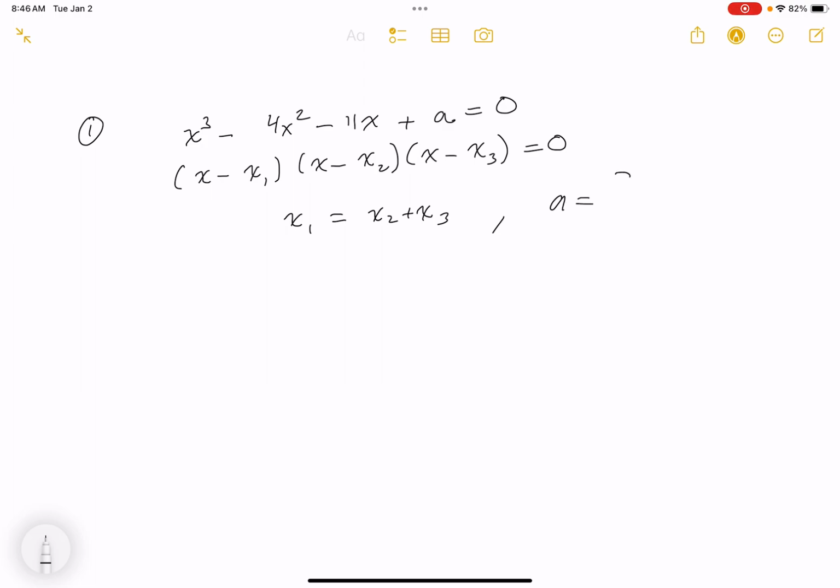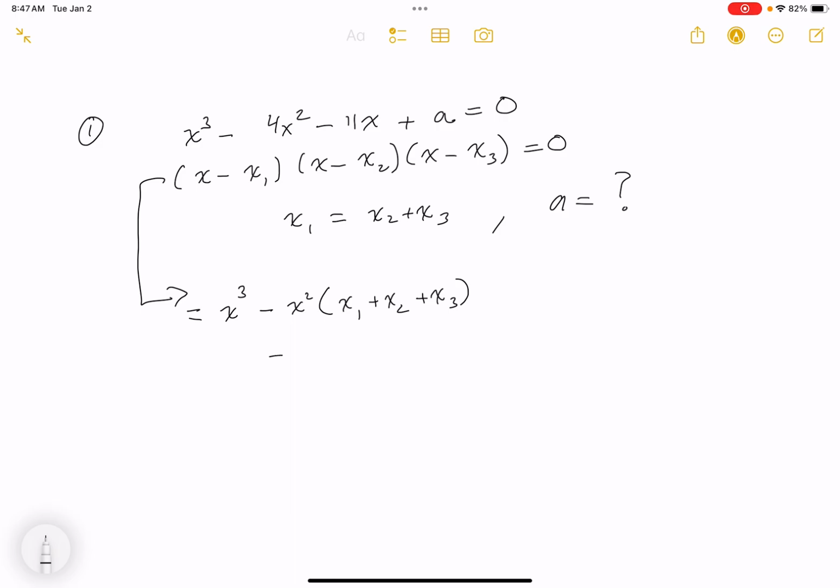And looking at this, I'm going to expand this. All right, and if you do that, you would get x cubed. Again, this may take some time to do. I'm going to put down minus x squared. And that's going to be x1 plus x2 plus x3. We're going to do a linear term.